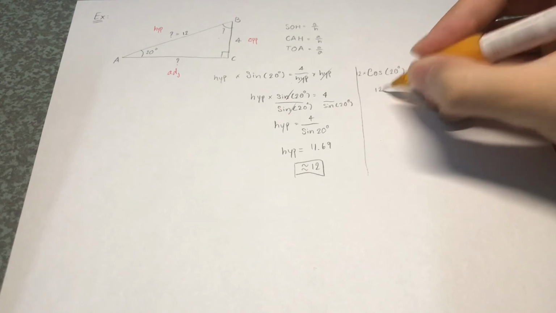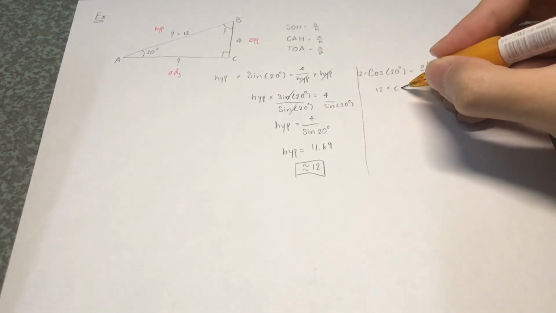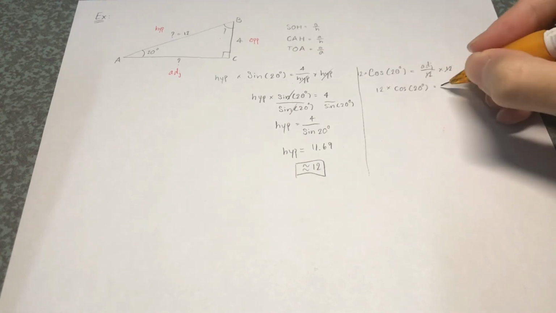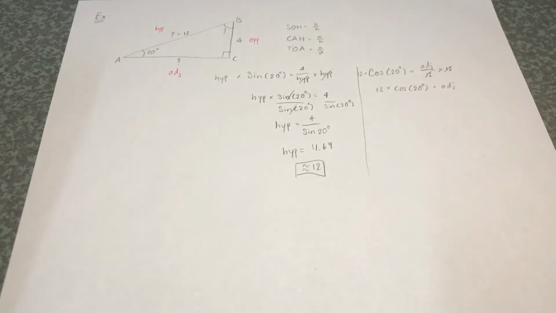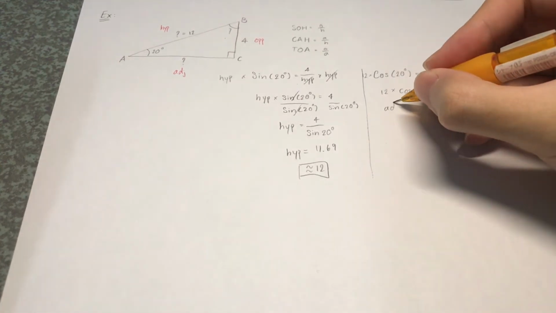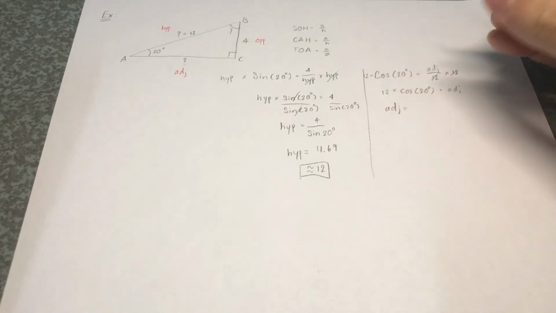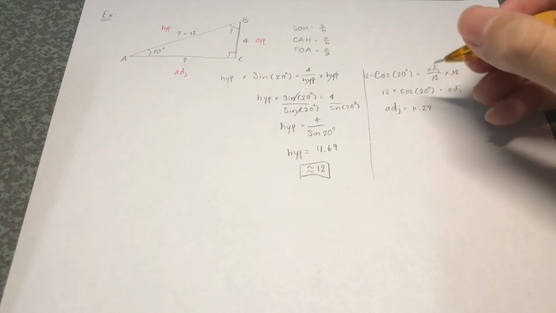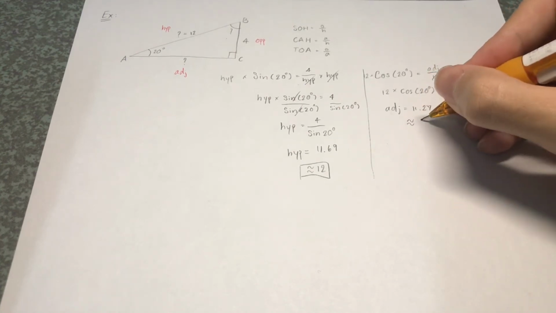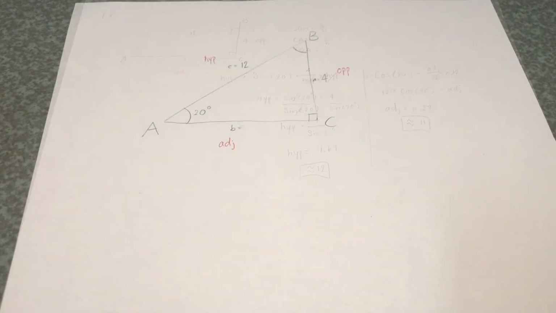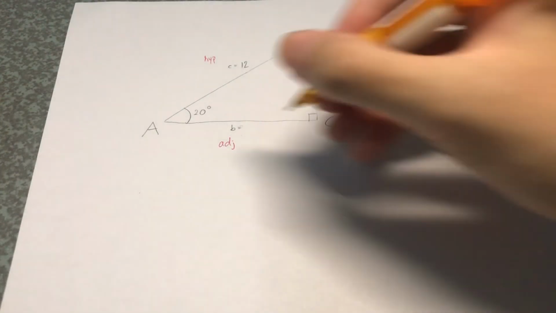You get 12 multiplied by cosine 20 degrees equals adjacent. After that, you multiply it, so you will get adjacent equal to 11.27, or approximately 11. Approximately 11 on side B.